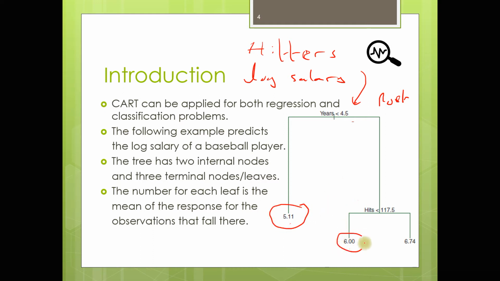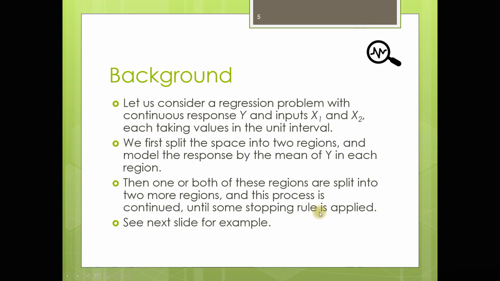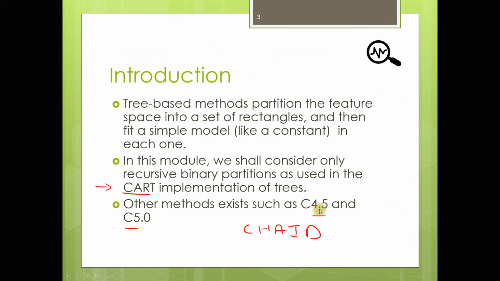And this one is what? It's the average within the data set for values of years greater than 4.5 and hits less than 117.5. So this is a constant being fitted into these different regions. There are 3 regions, 3 terminal nodes, and 3 constants being fitted, which in our example would probably represent the mean. So that's how you understand the definition here.